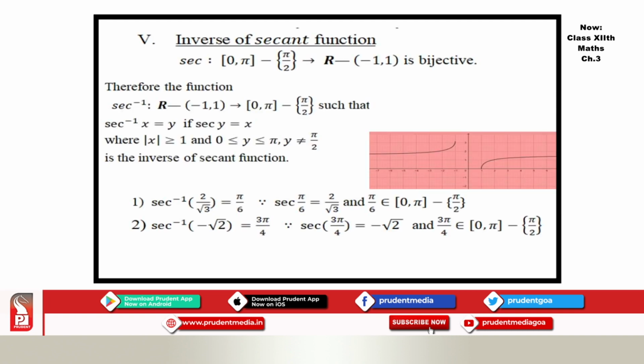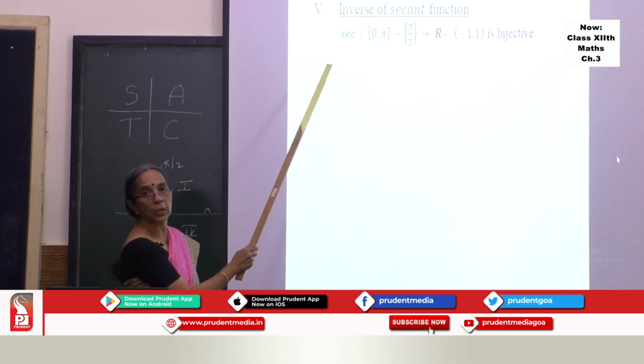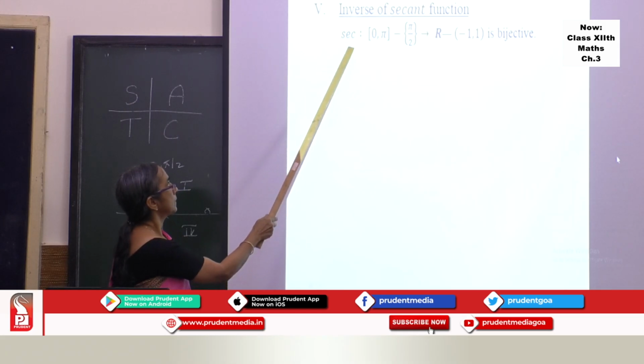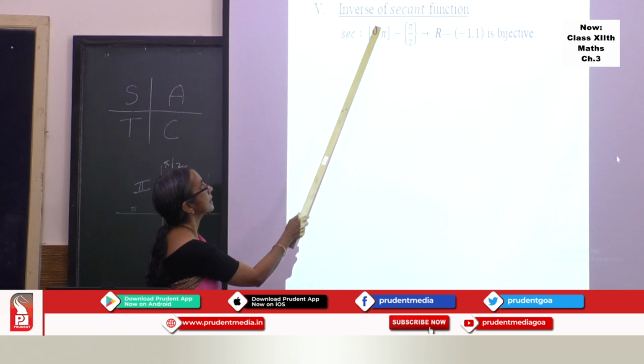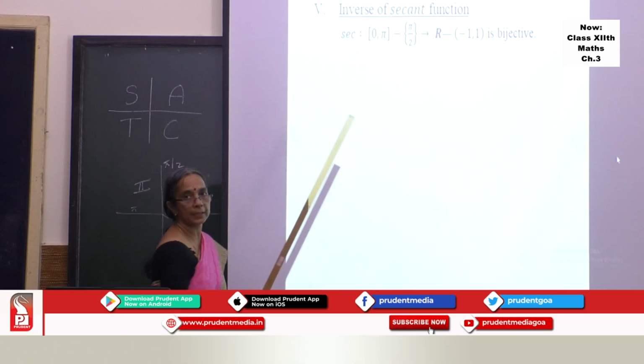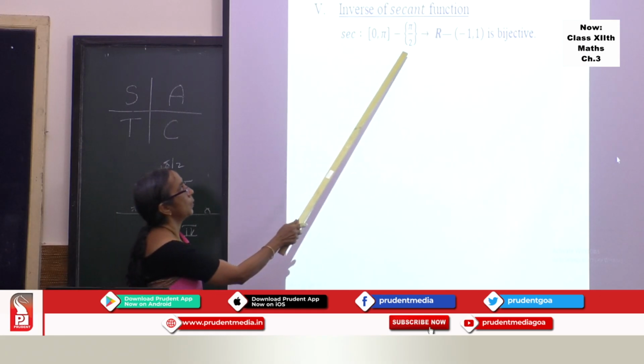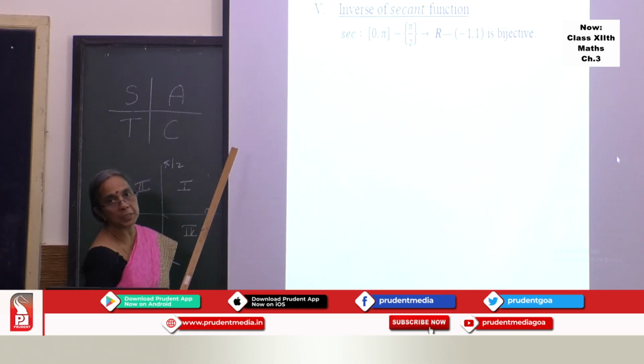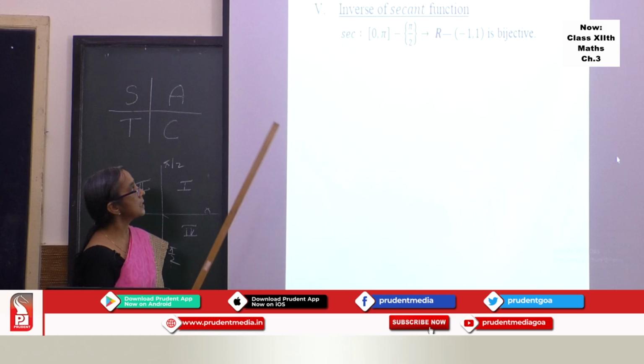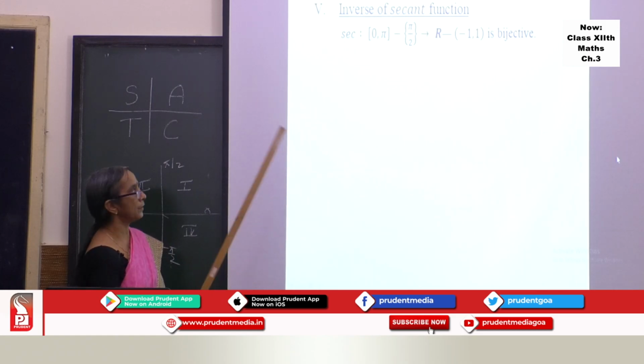Now let us go through the inverse of the secant function. The secant function is the reciprocal of the cos function. The domain of the secant function is 0 to pi minus pi by 2. For the cos function the domain was also 0 to pi, but the only difference here is pi by 2 is not included, because sec of pi by 2 is not defined.